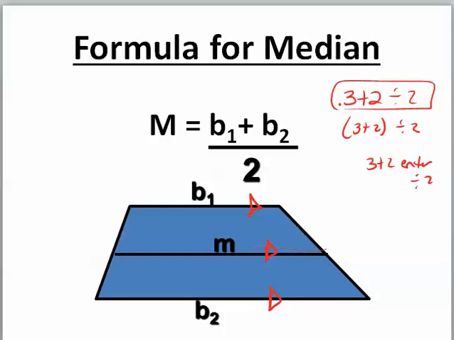If you type it in like this, you will not get the right answer. Your calculator will do 2 divided by 2 and then add the 3. We want it to do 3 plus 2 is 5, divided by 2 is 2.5. So make sure if you're putting the formula for a median in your calculator that you either use parentheses or once you do the sum, you do the adding, hit enter, and then divide by 2.